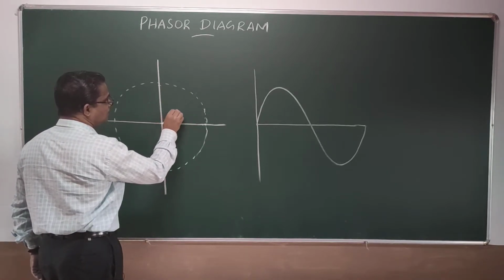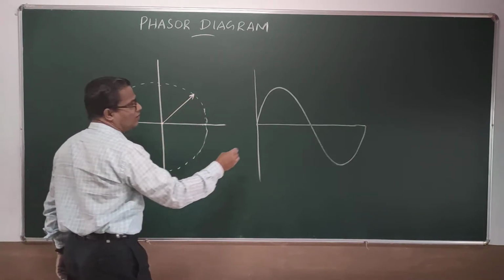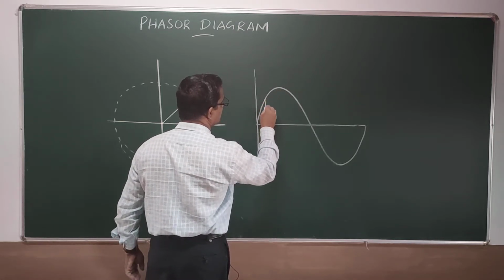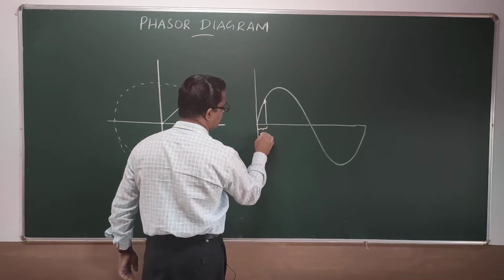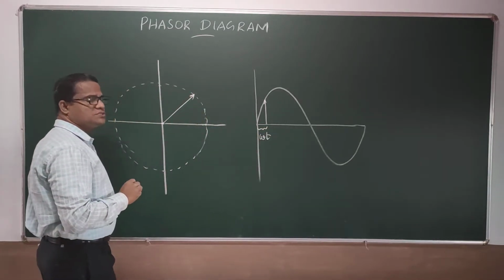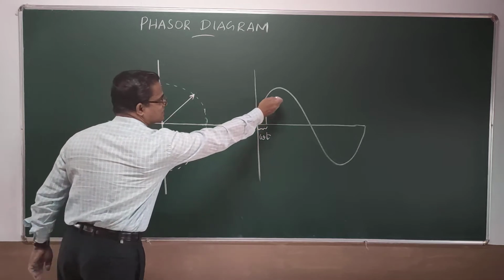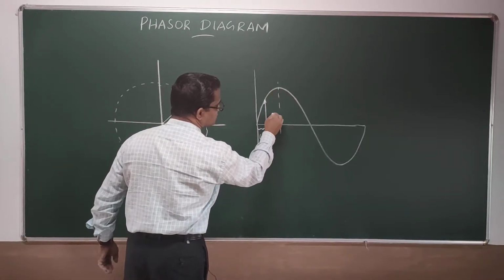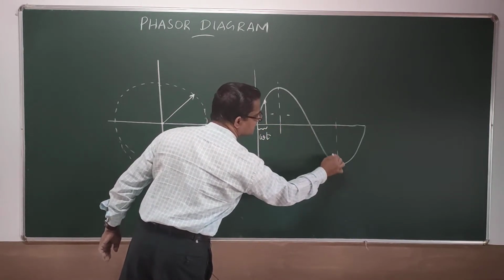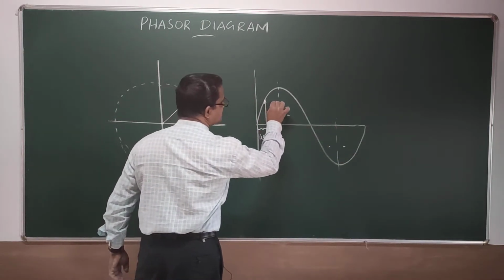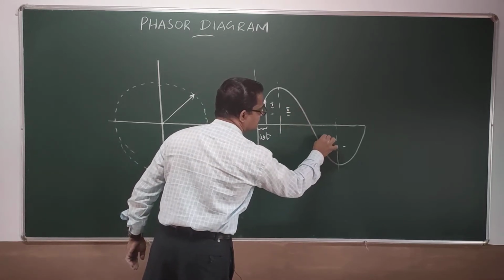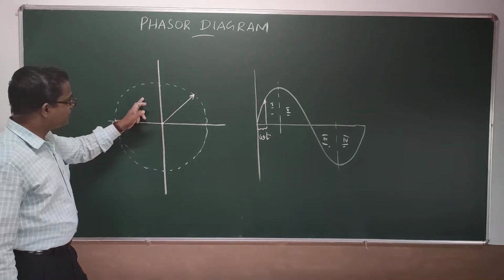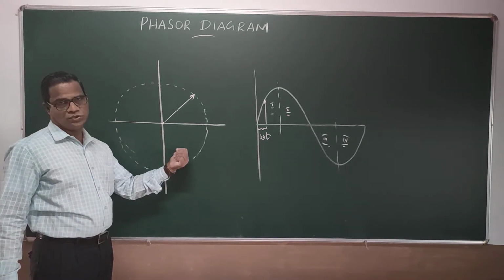If the value is here, then this will be the angle omega t, suppose, in the first quadrant. So this is the first quadrant, this is second, this is third, and this is fourth.